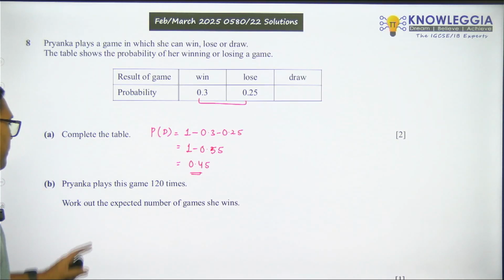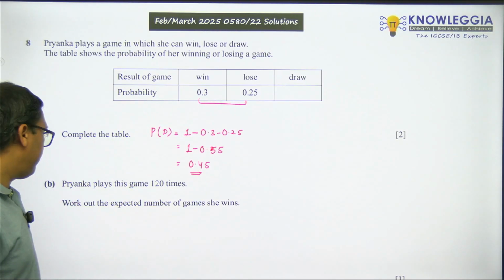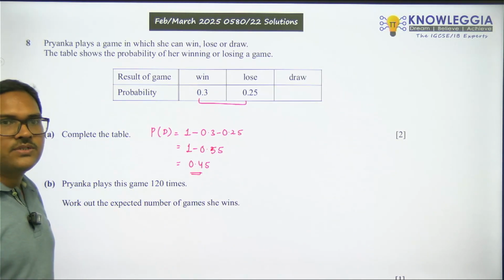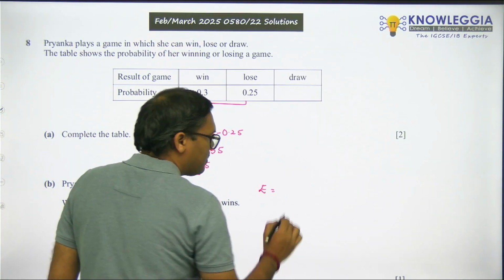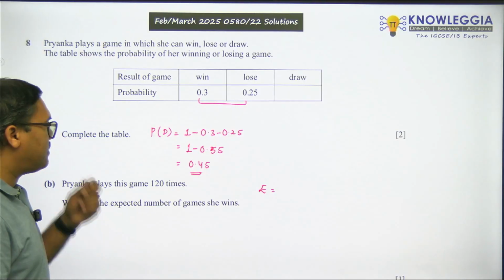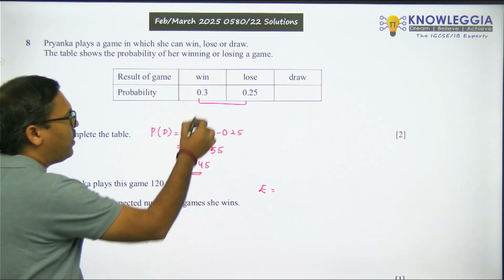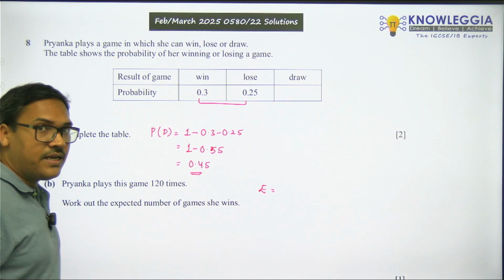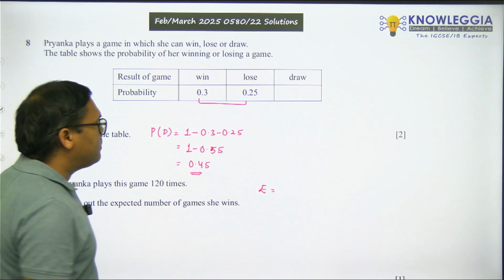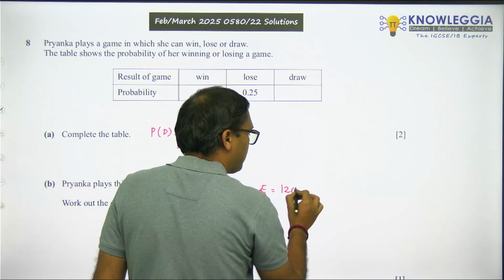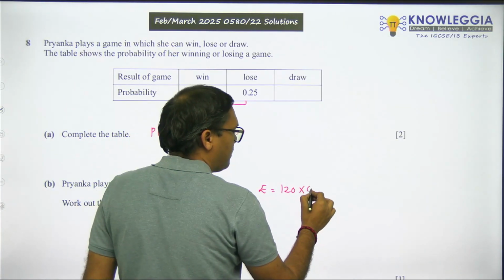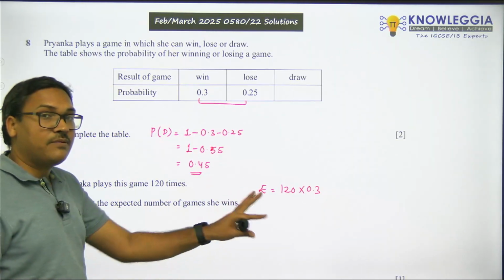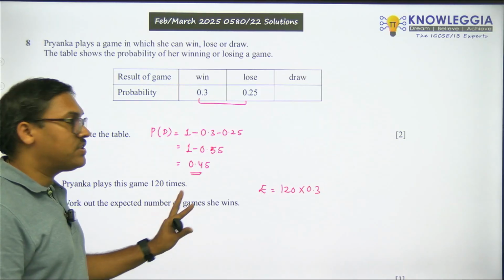Next one. Priyanka plays 120 times. Work out the expected number of games she wins. So what is the expected number of games she wins? So what is the probability of winning? That is 0.3. And she is playing it how many times? This is 120 times. So 120 times she is playing, and for each the probability of winning is 0.3. So this is the expected number of times in which she will win.